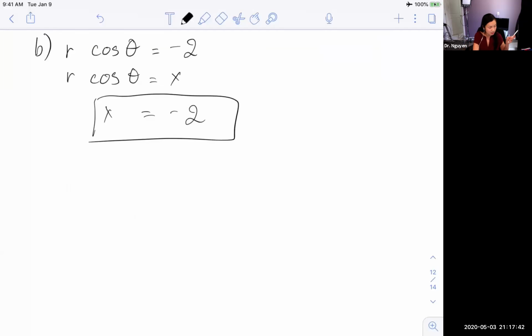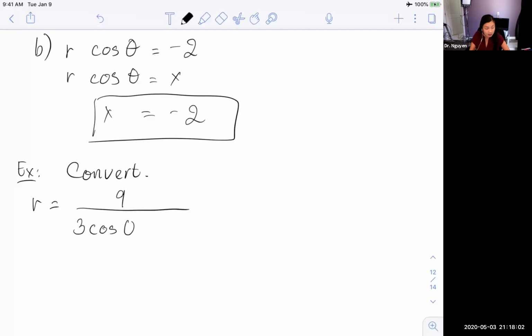So let's try this. I want to convert r equals 9 over 3 cosine of theta plus 8 sine of theta.